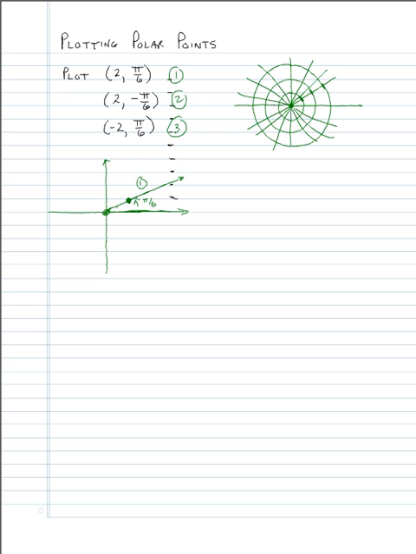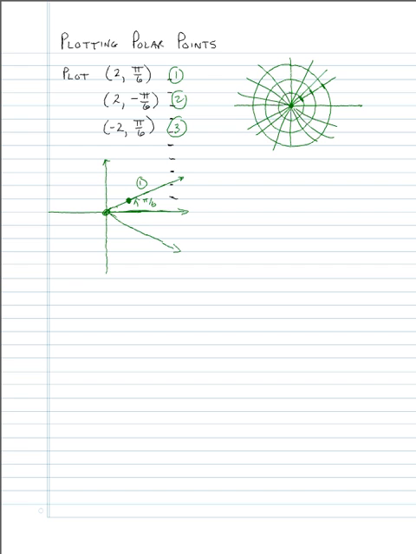Now on the second point, the angle is negative pi over 6. Remember, we're always measuring from the polar axis, or the positive x-axis. So if we're at negative pi over 6, we go in the opposite direction. Negative pi over 6 would be roughly this angle, just roughing it in here.